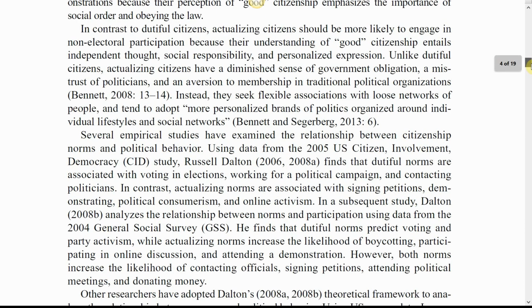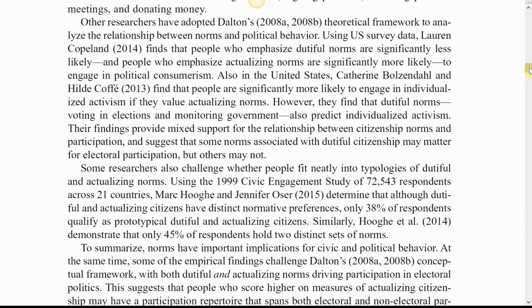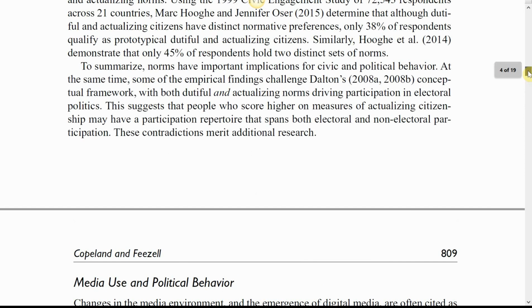So then they explain to us norms and what the research has found. And then they go on to talk about empirical studies examining relationship between norms and political behavior, and they give us citations. Subsequent paragraphs in this section continue along the same lines, and then what I especially love about this article, at the end of this particular subsection, they say, "to summarize," which is fabulous.